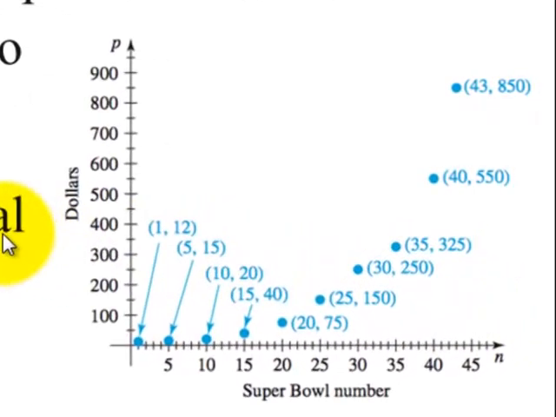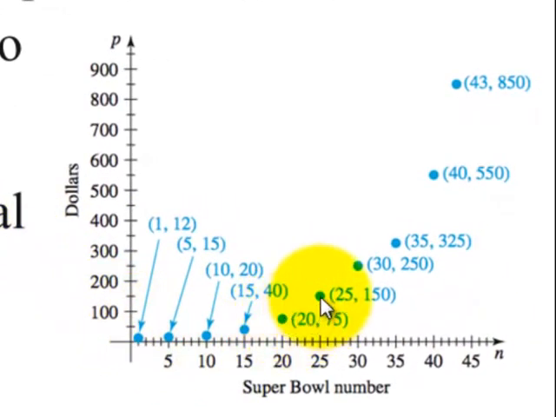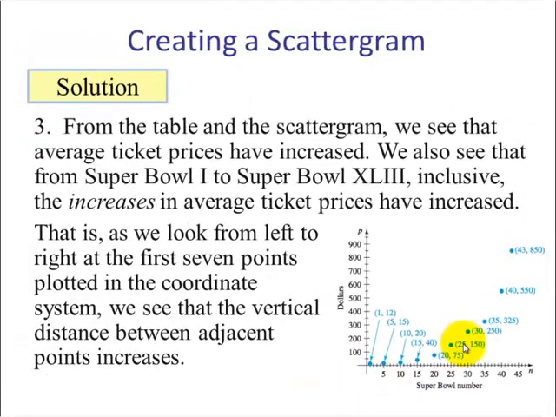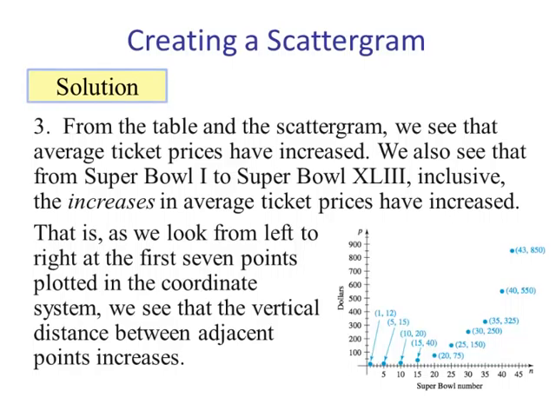And we can also see that this increase is increasing at a faster rate. The differences between consecutive points, the change in y, is getting larger and larger. So what we would say is not only is this increasing, it's increasing at an increasing rate.